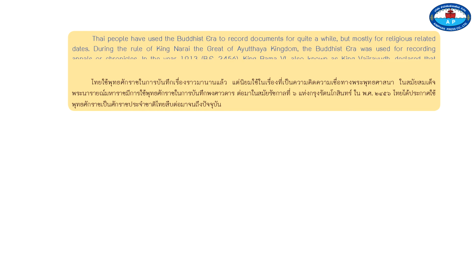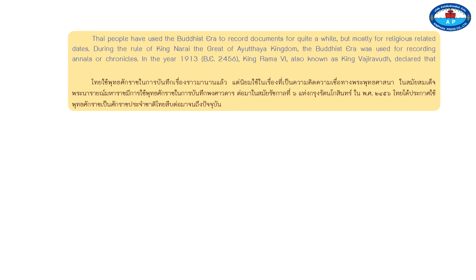Thai people have used the Buddhist era to record documents for quite a while, but mostly for religious-related dates. During the rule of King Narayan the Great of Ayutthaya Kingdom, the Buddhist era was used for recording annals or chronicles.